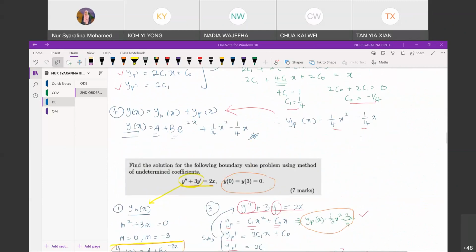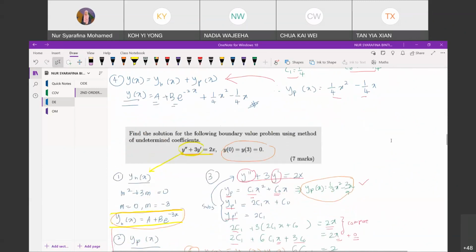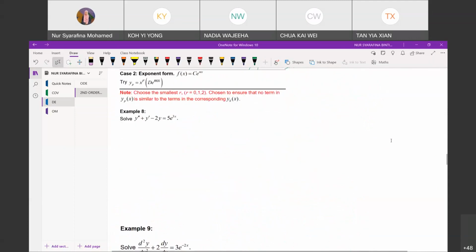So now, today, we're going to proceed with how we can solve when f(x) is in terms of an exponent, which is case 2. Same process: when your function is in terms of an exponent, then your yp equals x to the power of r times De^(mx).